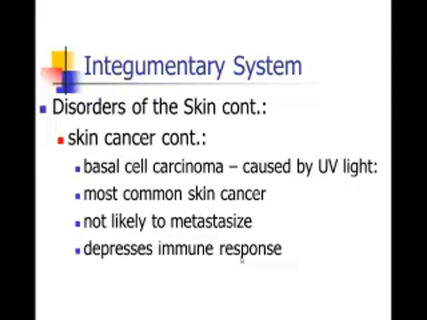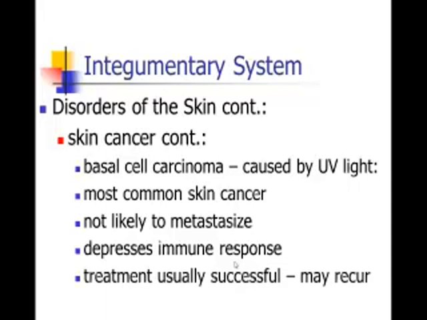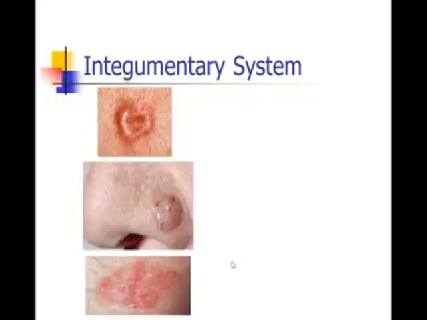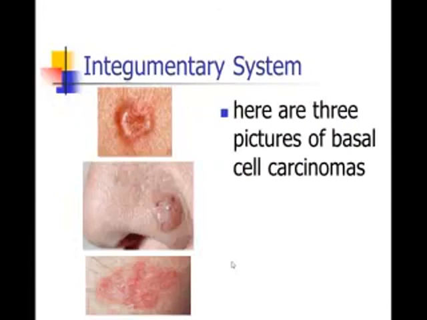Typically, the basal cell carcinoma will depress your immune response, and if you follow through and get your treatment, normally this will be successful. It is possible that it can recur. So here are some pictures of basal cell carcinomas.